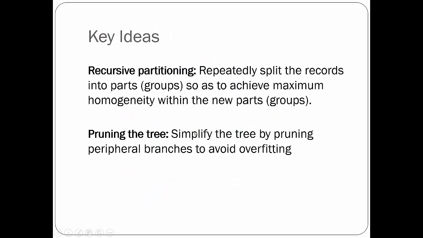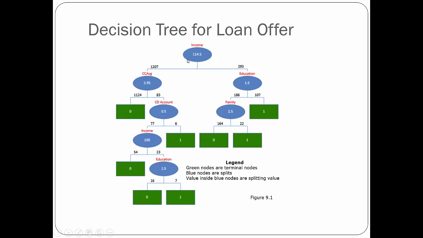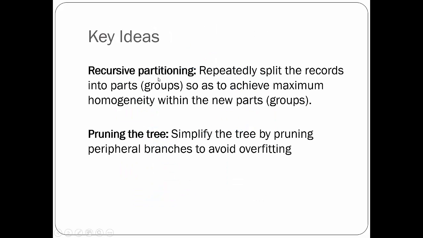So the key idea is that you recursively partition the data. You start from the top, partitioning the data into two groups, this way and that way. You have one group of observations here, another group of observations here. Then you break it down into further two groups, and then further partition into two groups, and so on. That's what we mean by recursive partitioning.